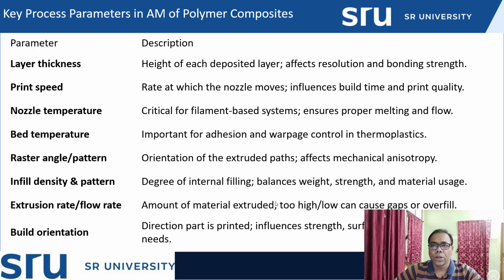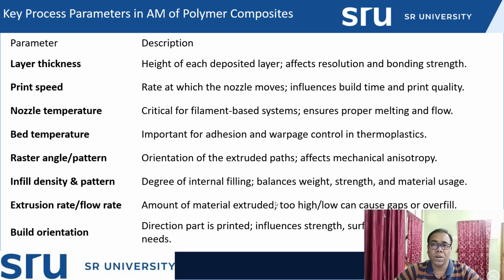Some of the key process parameters are almost the same for all additive manufacturing processes. That includes the layer thickness. If you increase the layer thickness, the amount of energy supplied for the printing may also be required to be higher. If the layer thickness is higher, it will decrease the resolution, or you can say the print quality will sometimes not be good.